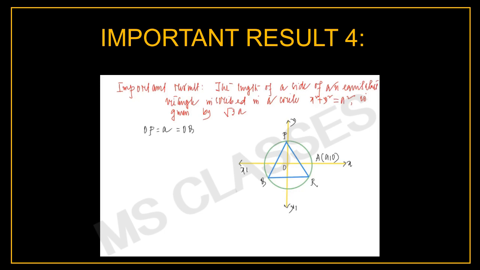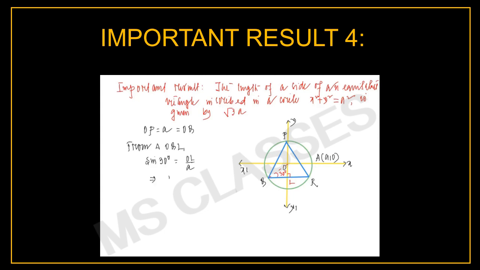Now here you have this angle 30 degree, and this is L. Now from triangle OQL, we can say that sine 30 degree equal to OL by a.